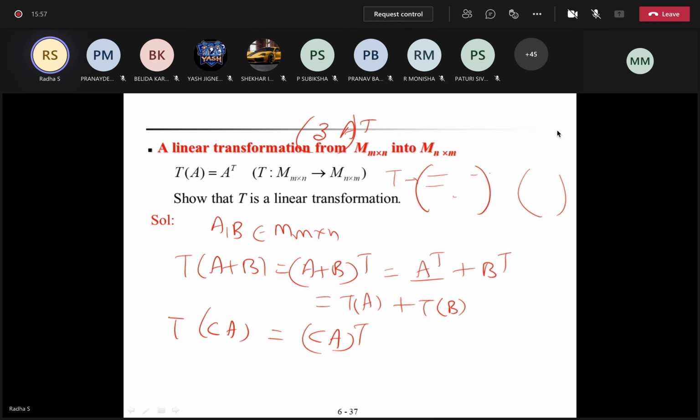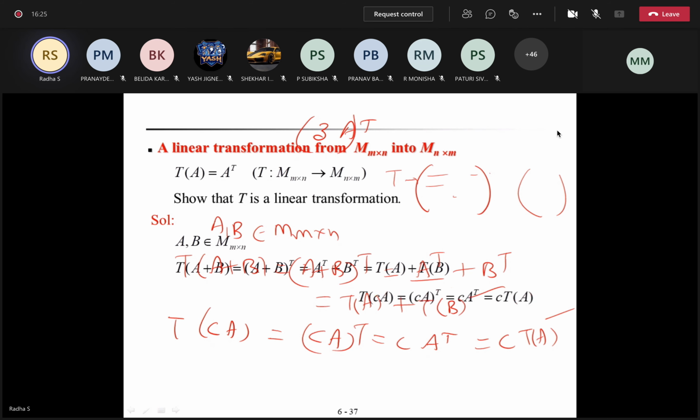What is 3 into A the whole transpose? Constant will move out. Just take C outside. C into A transpose. That's all. So that is C into T of A. So T of C times A is C into T of A. So both the properties are satisfied. So T is a linear transformation, right?